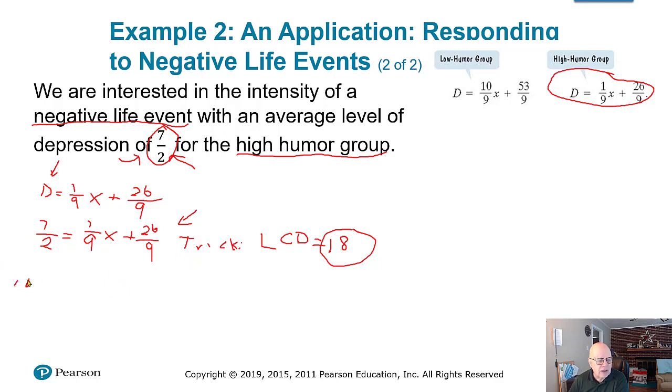So 18 times 7/2 equals, and 18 times every term, 1/9 x, close that, 18 times the next term, 18, and you can think of this as 18/1, since we're working with fractions anyway. 18 times 26/9.